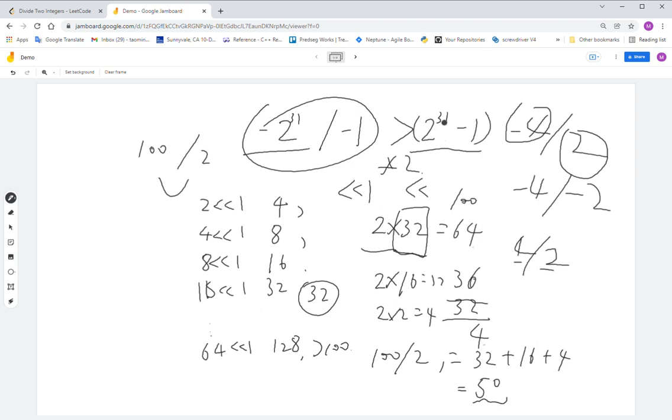And also, we need to consider the negative value actually is more than positive value, because the positive value is 2 power 31 minus 1, and the negative is 2 power 31. If we change this one to the positive, it's impossible. However, the positive convert to negative is possible.